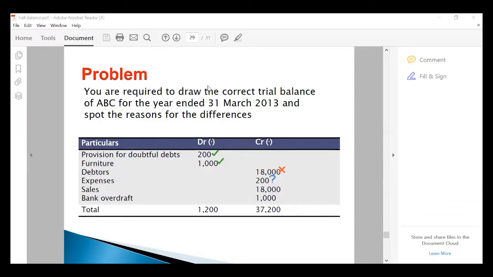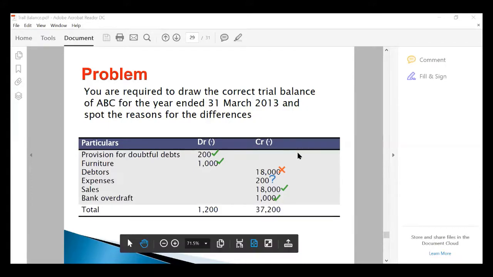Sales credit. Okay, good. Sales is credit. Bank overdraft. Bank overdraft is what? Loan taken. It's a creditor. It's a credit, correct. It's in the book of customer. Okay. So this 18,000 comes here.